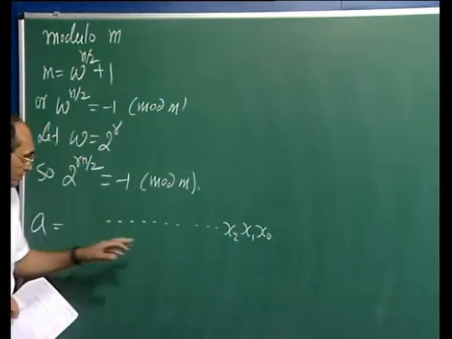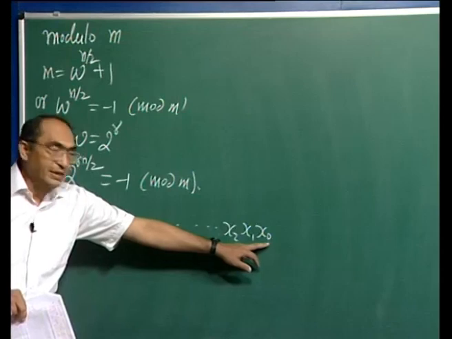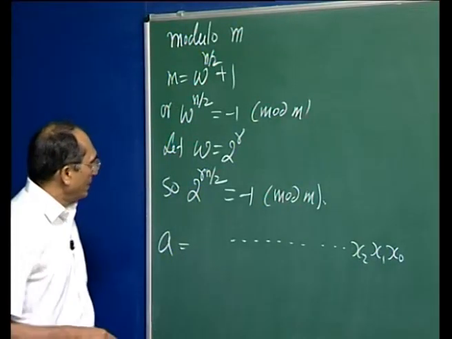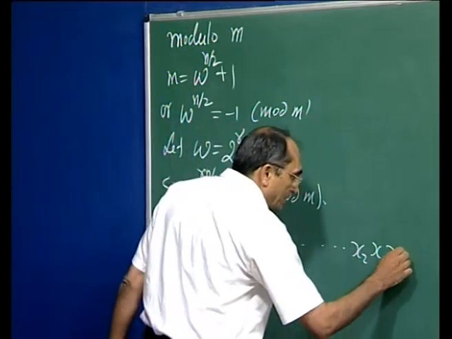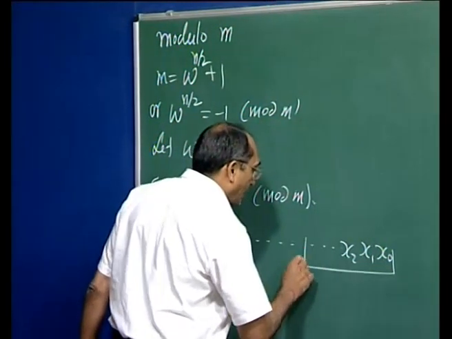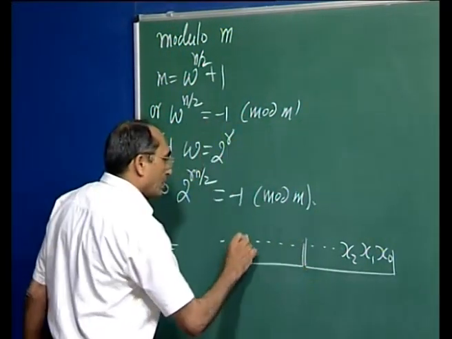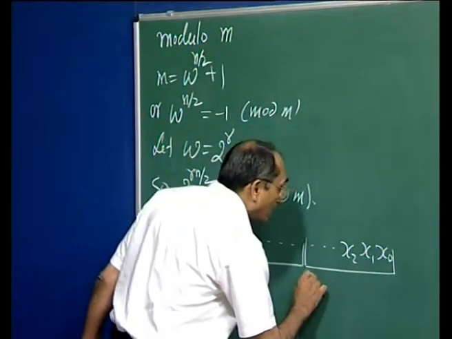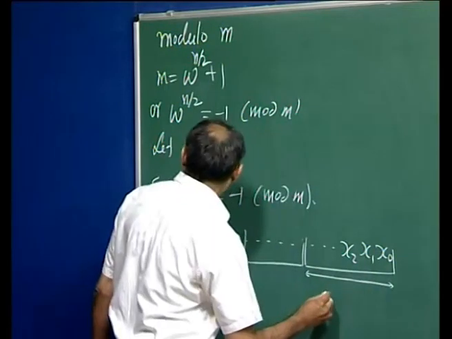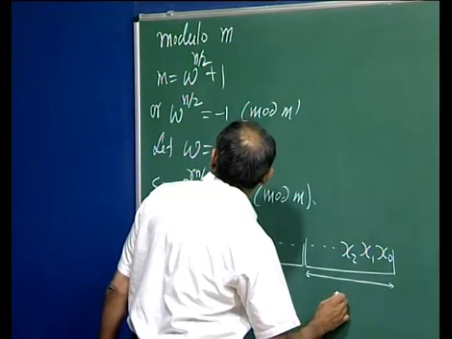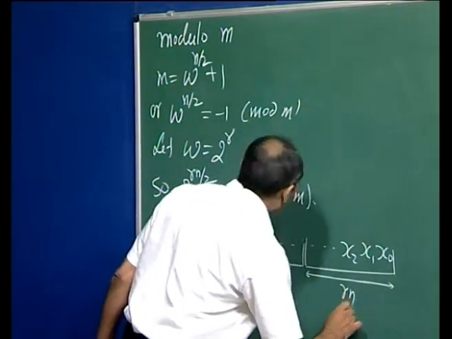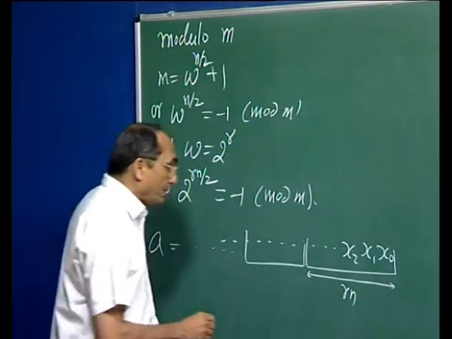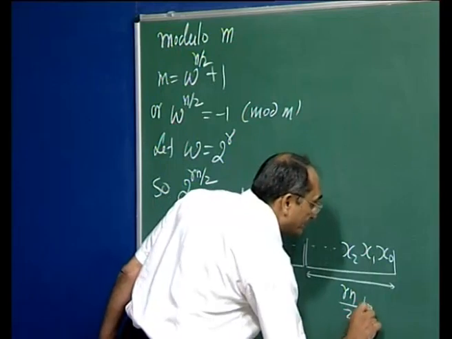This is the binary expression for number a. What we will do is split this into blocks. Each block has rn by 2 bits.